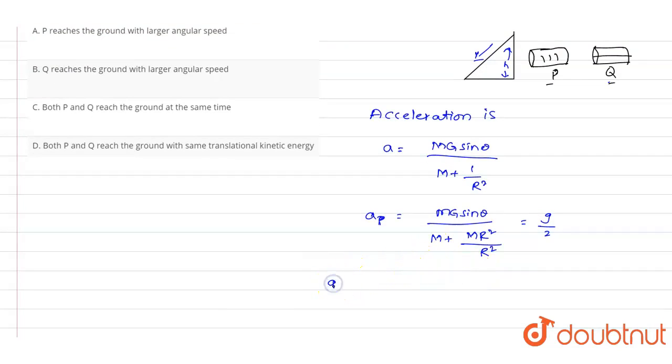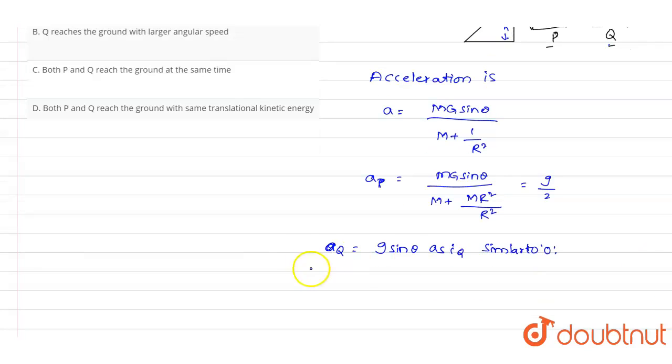In the similar way, acceleration a_Q, that means acceleration of the cylinder Q, will be equal to g sin theta as I_Q is similar to 0. So according to that, omega P will be equal to under root of 2 into g divided by 2 into L, which is completely divided by R again.